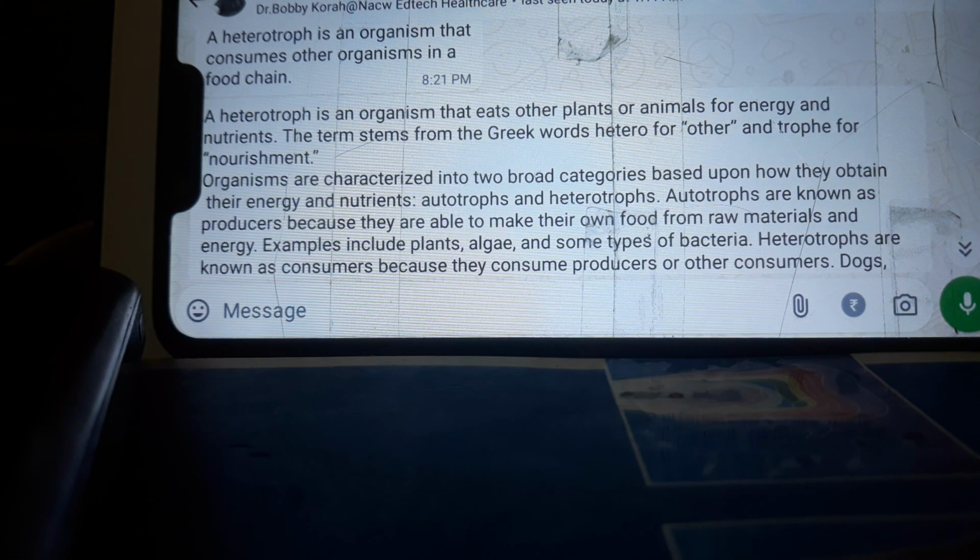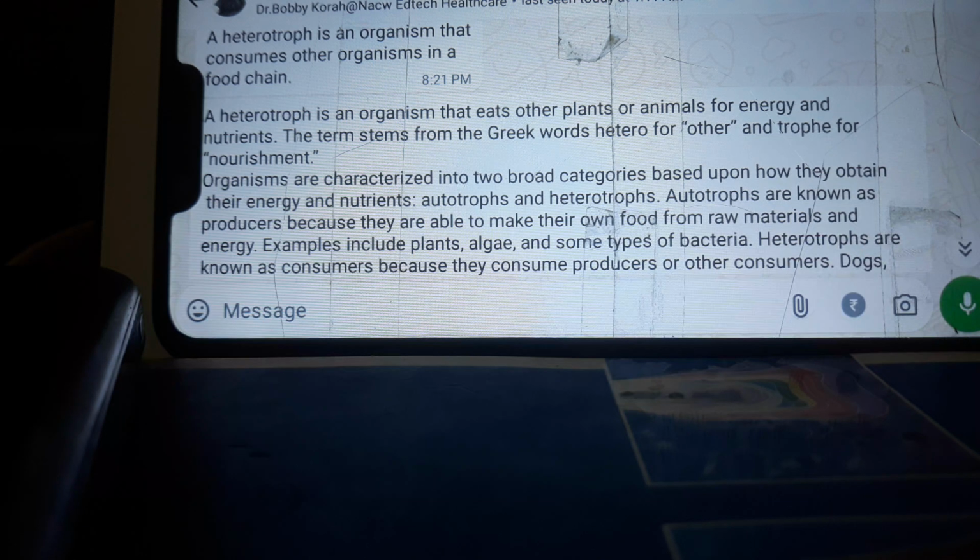Those are organisms that consume other organisms and starch from the plants. So basically, a heterotroph is an organism that eats other plants or animals for energy and nutrients. In fact, the term stems from the Greek words hetero for other and trophe for nourishment.